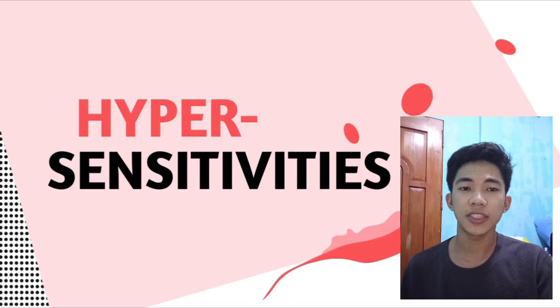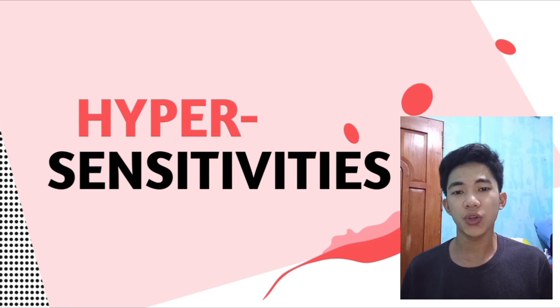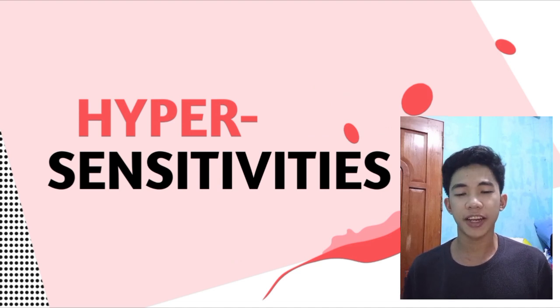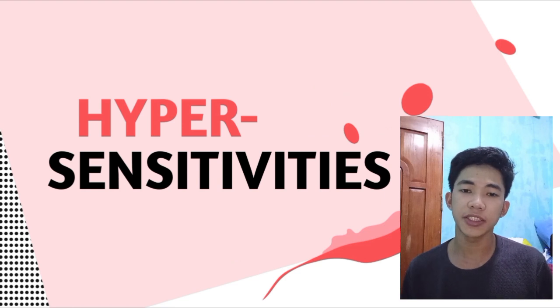So next, let's talk about hypersensitivities. As we all know, we have an immune system that protects our body from pathogens and harmful substances that may make us sick. But sometimes our immune system can also react inappropriately or exaggeratedly to certain stimuli, which can lead to undesirable reactions or complications called hypersensitivities.